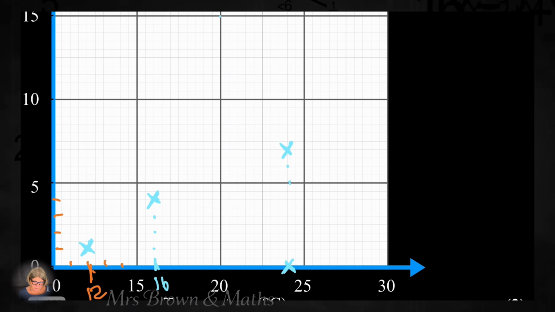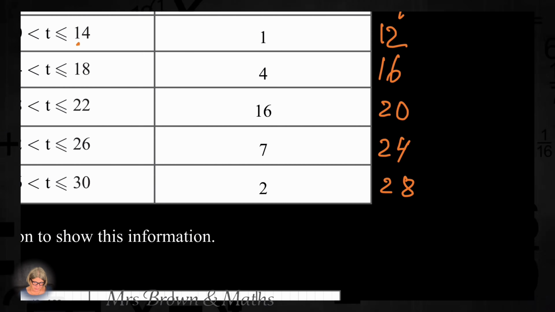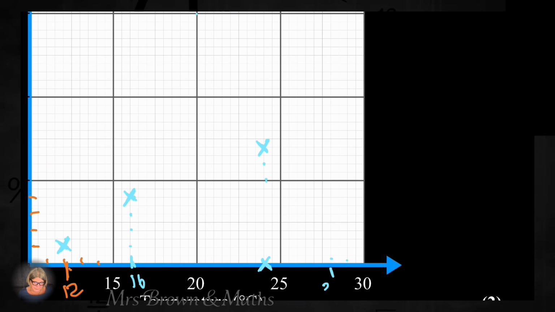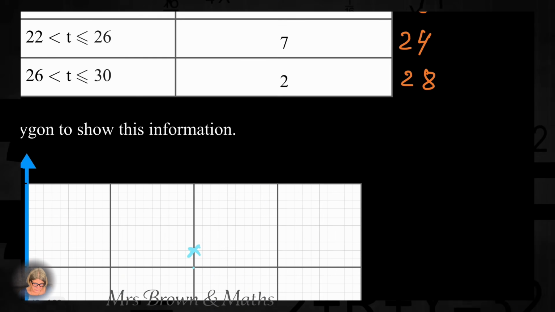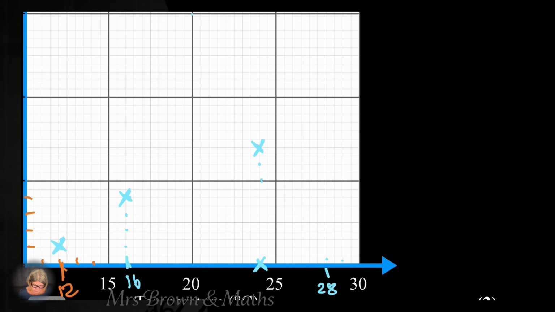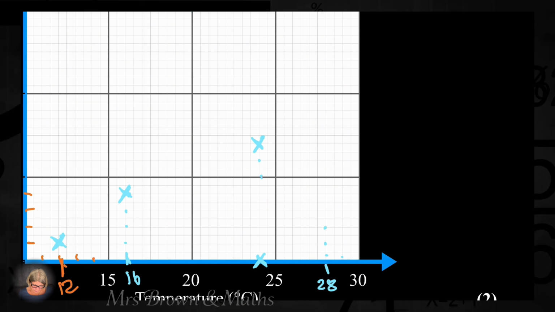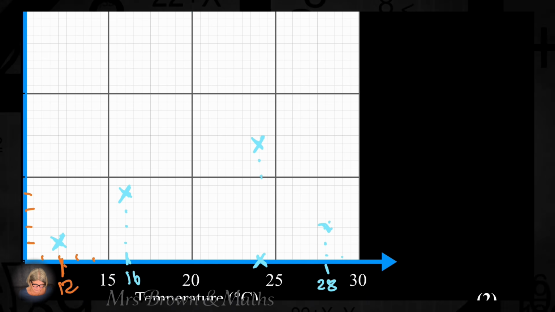Right, and next one, 28, 2 days. So 28, let's go backwards from 30, 2 squares, 2 squares, 28 is here, and 2 days. 1, 2, so it will be here.